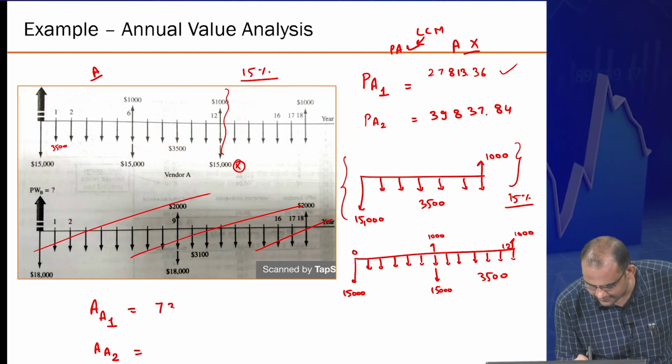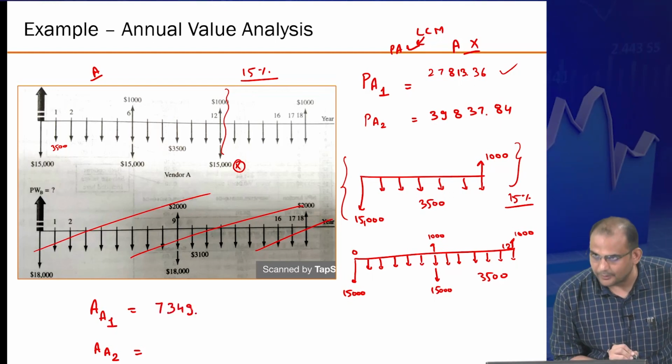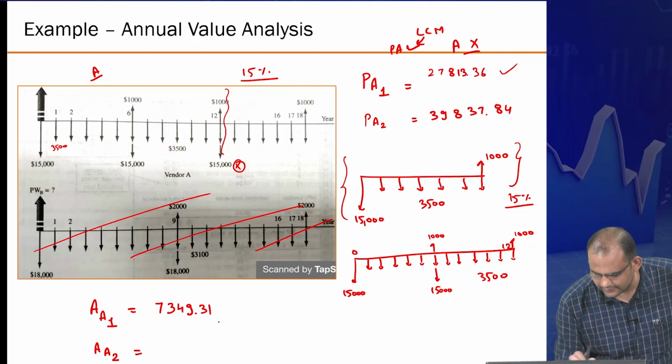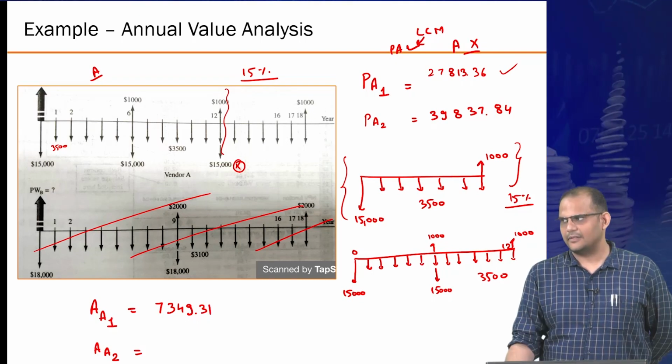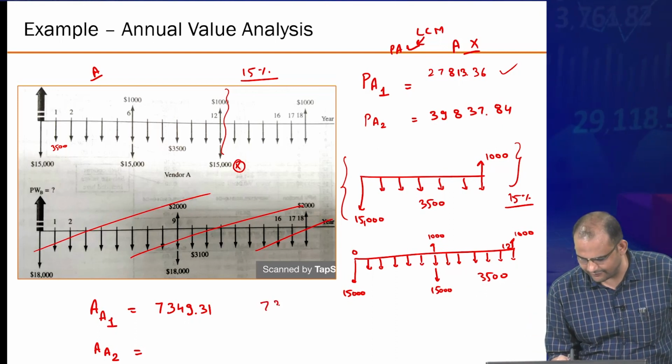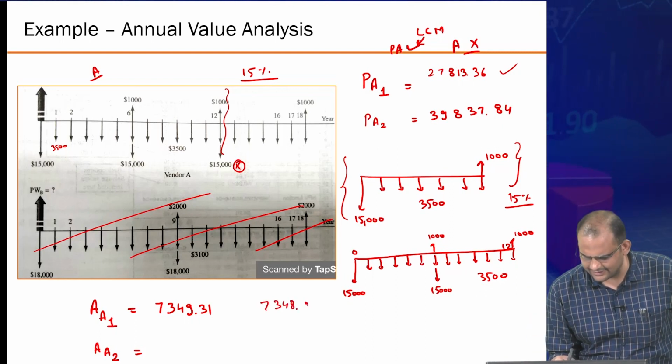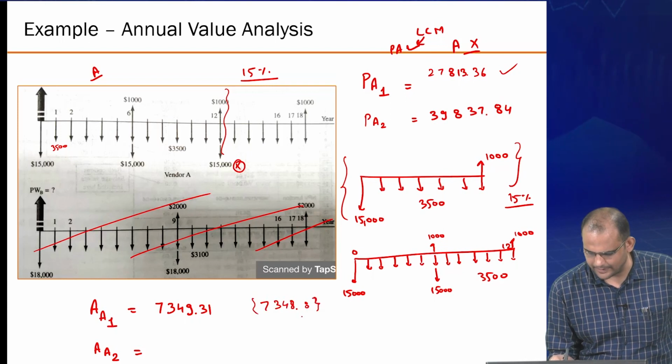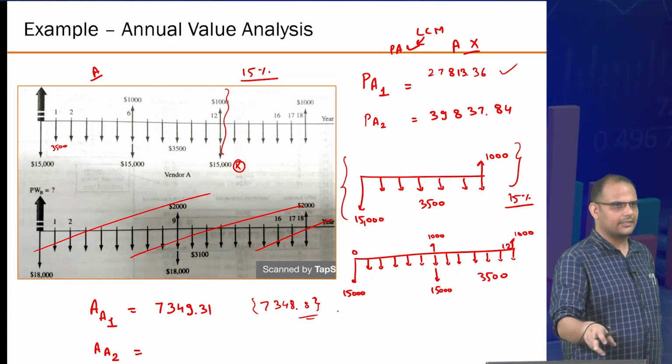Seven three point 31. Yours is coming differently. 7348. It's okay. More or less in the same ballpark number. Everyone agrees? This is the number.